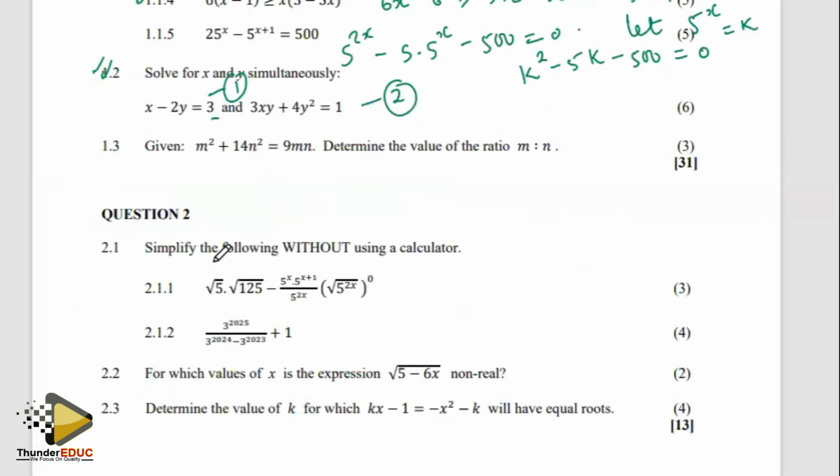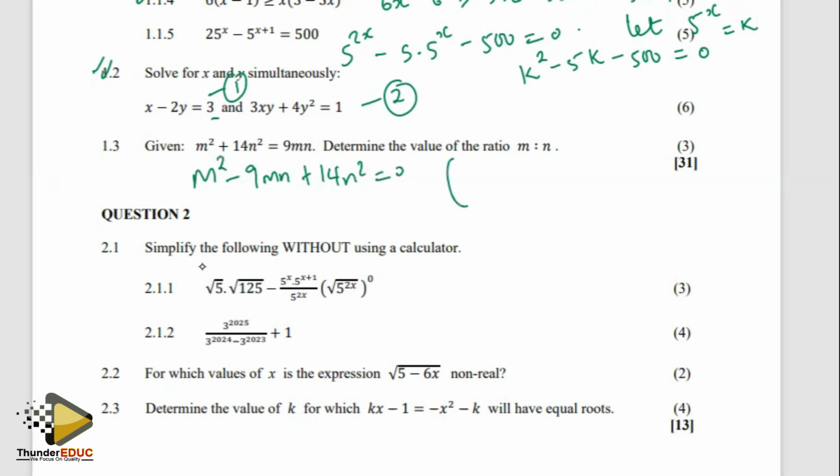Then 1.3, given m squared plus 14n squared is equal to 9mn, determine the ratio of m to n. All right, let's see. So let's create the standard equation. So m squared, let me take it as minus 9mn plus 14n squared is equal to 0.